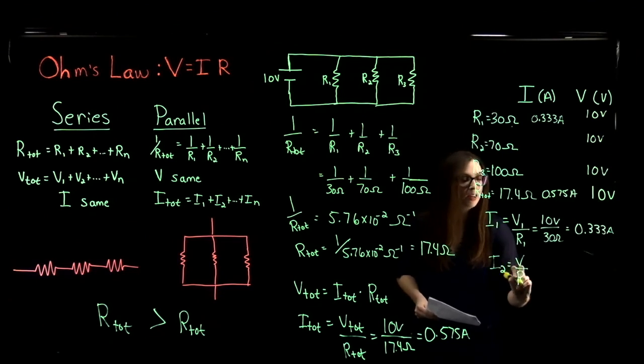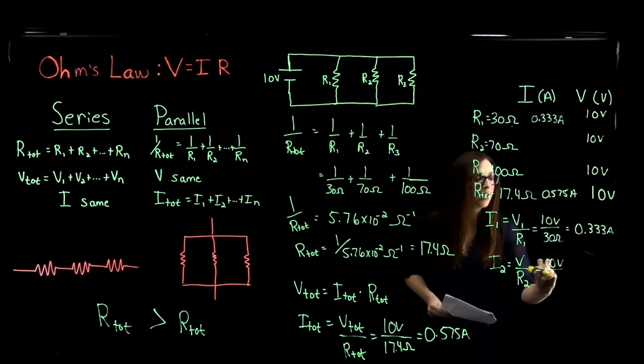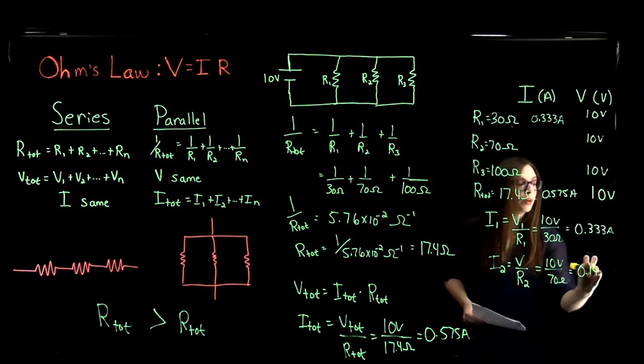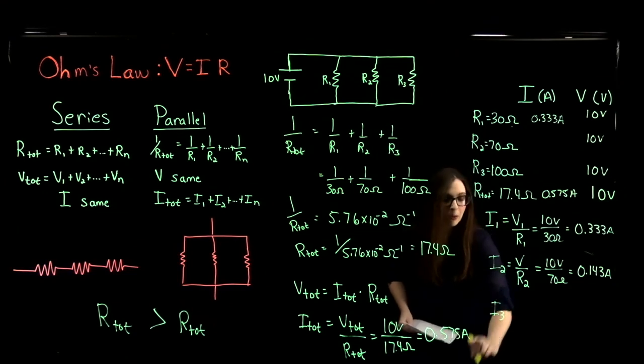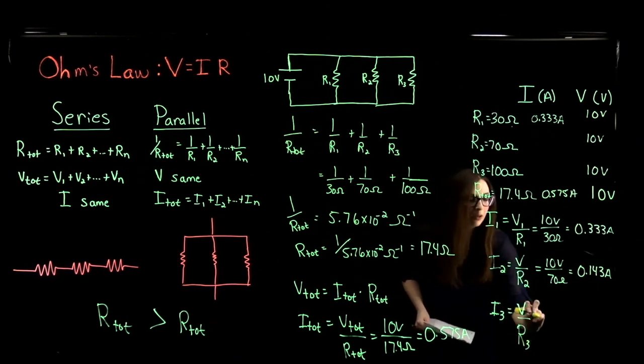If we do the same for all the other resistors, the current through resistor 2 is the potential difference across it divided by R2. So that will be 10 volts divided by 70 ohms, and that gives us 0.143 amperes. And then for our third resistor, the current through it will be the potential of 10 volts divided by its resistance of 100 ohms.